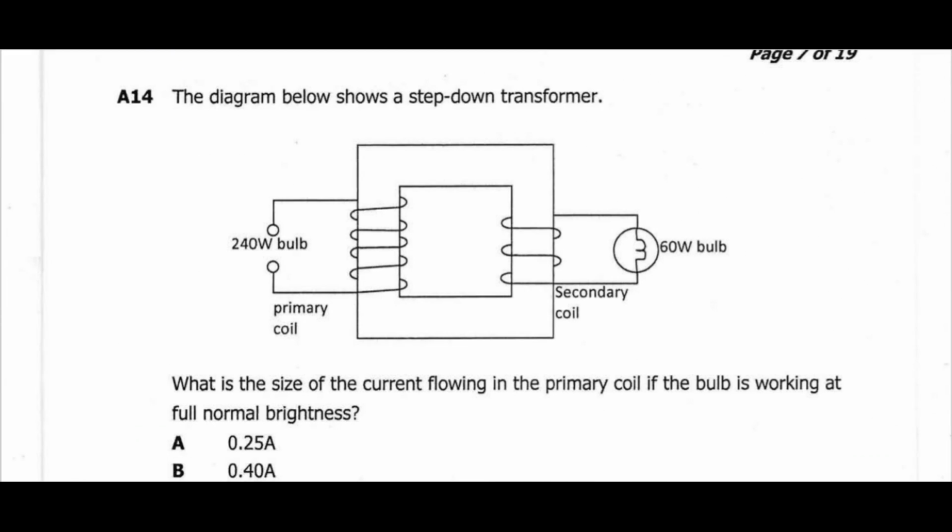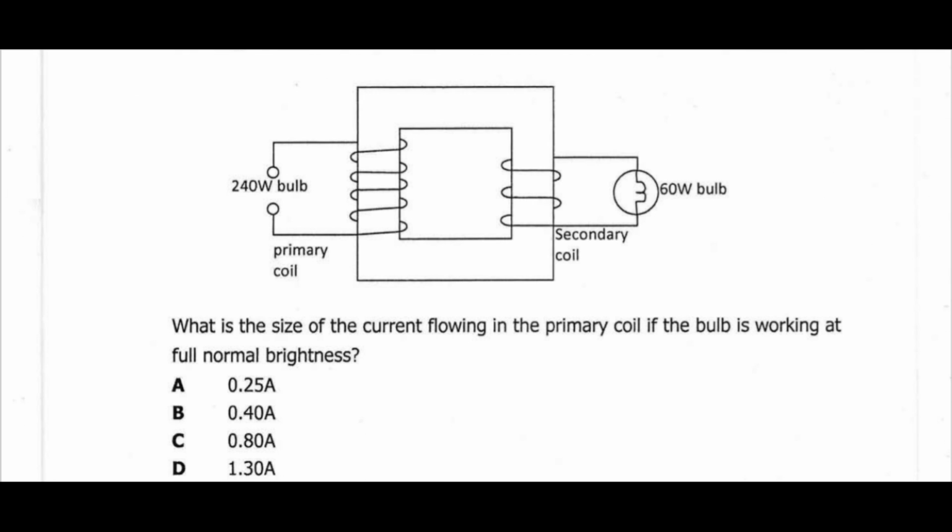Now, question 14, the diagram shows a step-down transformer. A step-down transformer is one where we are expected to have the low voltage on the secondary coil.